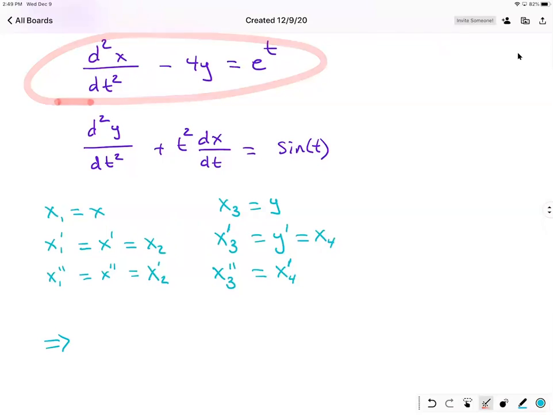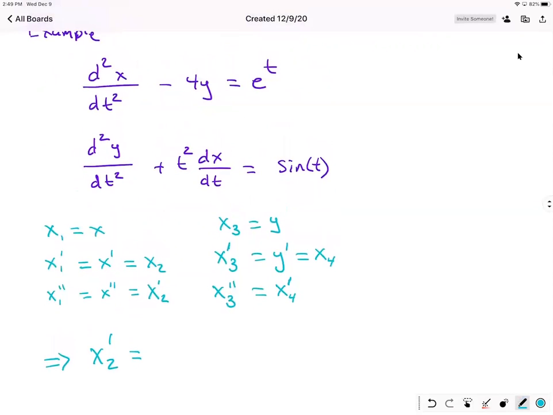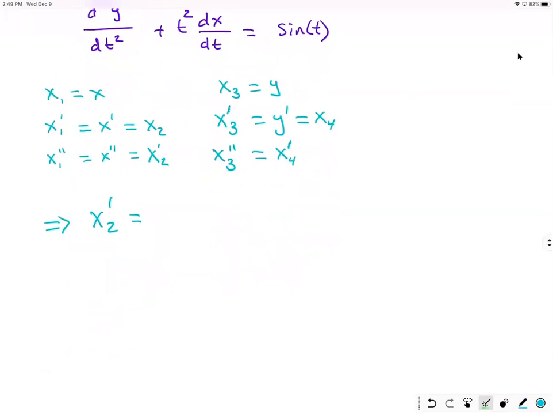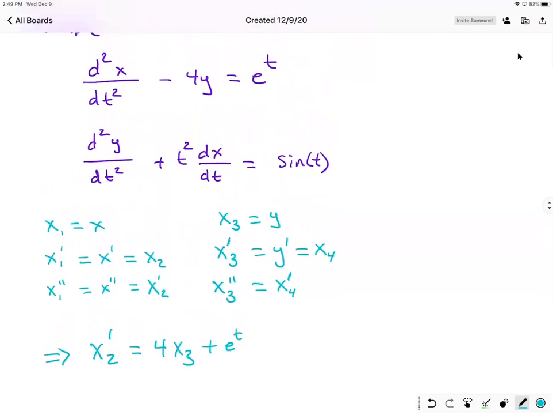So x2, take its derivative, is equal to, and then I move this to the other side of the equal sign, so that's equal to plus 4x3 plus e to the t. So x3 is the same as y.